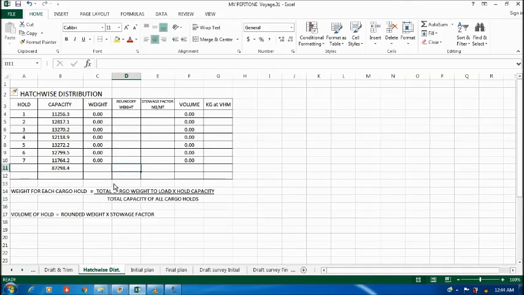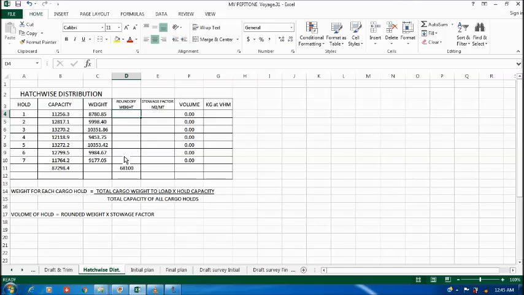And we put the total cargo of 68,100, and now the Excel will automatically compute the exact weight on each cargo hold, and we're going to round that off so that it will be easy for our computation. So we will eliminate the 2 decimal points.